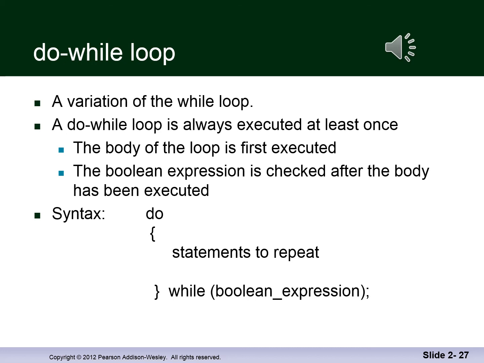So the body is executed first, and then the Boolean expression is checked after the body has been executed. You use this variation of the while loop, the do-while loop, when you need the body of the loop to always be executed at least one time.